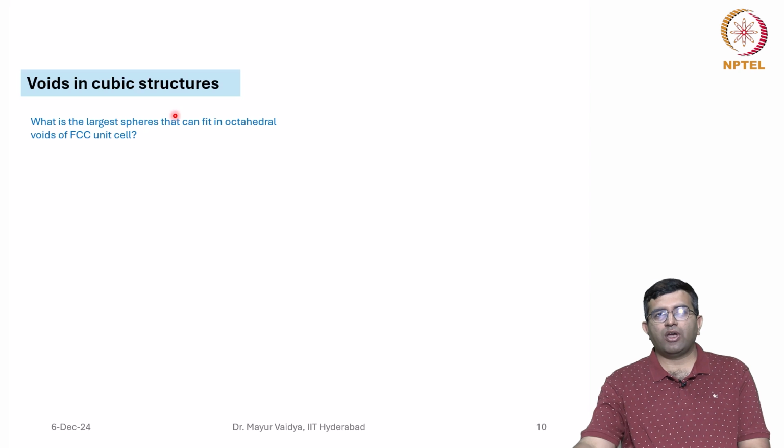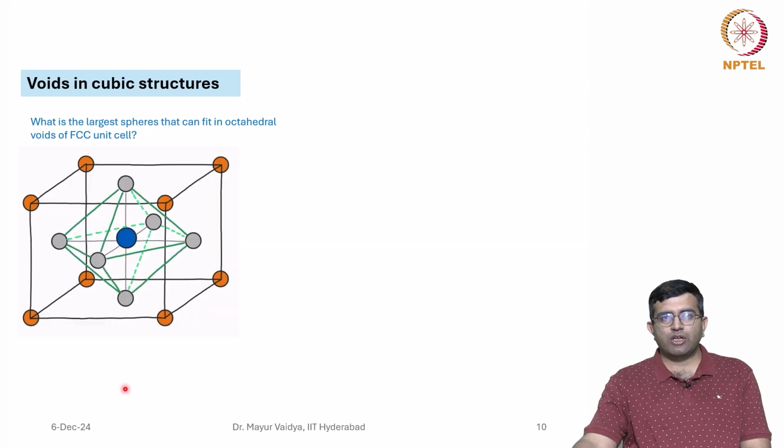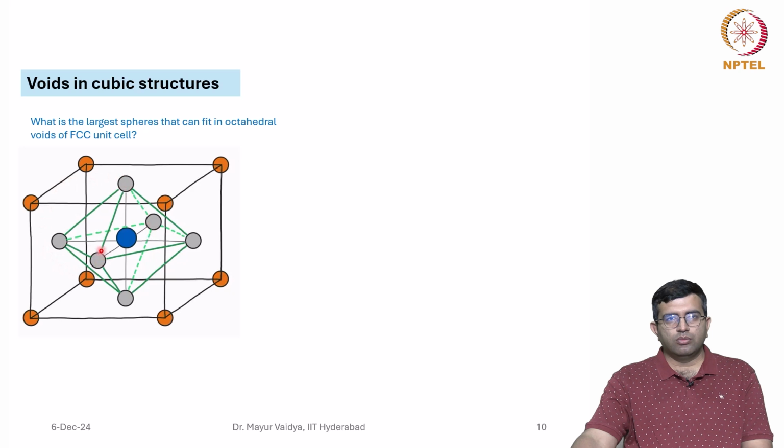So, for example, if we ask ourselves what is the largest sphere that can fit in the octahedral voids of the FCC unit cell. You can have octahedral, you can have tetrahedral, depending on how the atoms are coordinated next to this void. So, remember, this is an FCC unit cell, where just to show, these are the face centered atoms, these are corner atoms, and this is actually the void.